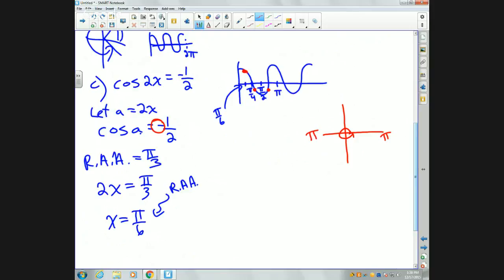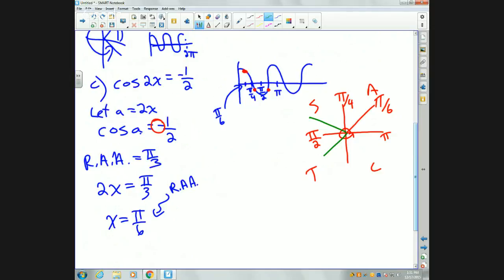That means that pi over 2 is over here. Half of that is over here. Pi over 6 is over here somewhere. We want to know where cos is negative. Cos is negative in this quadrant right here, and it's negative in this quadrant right here.